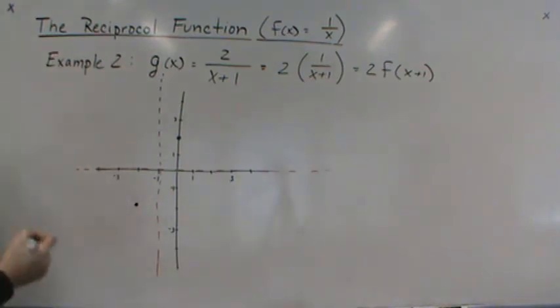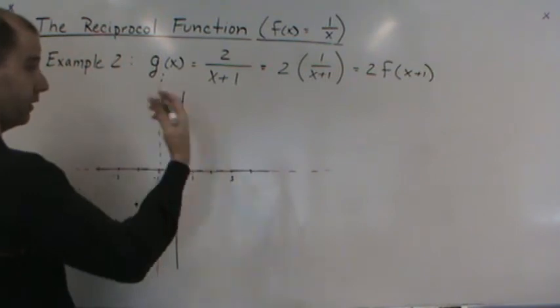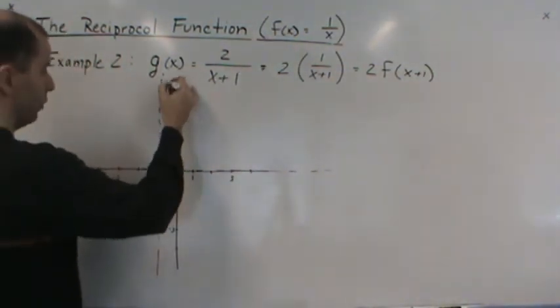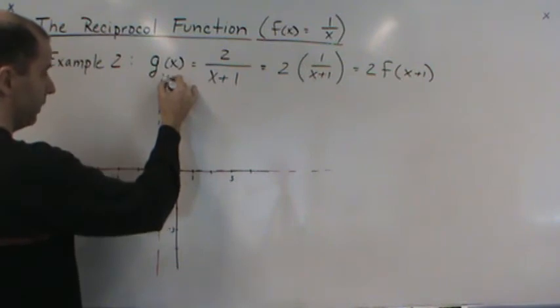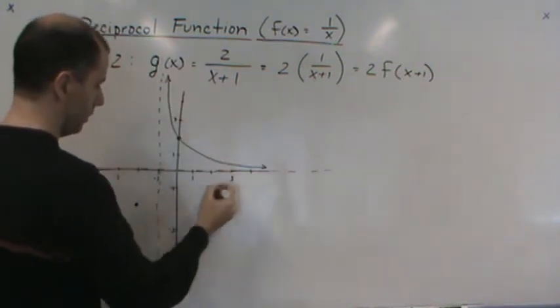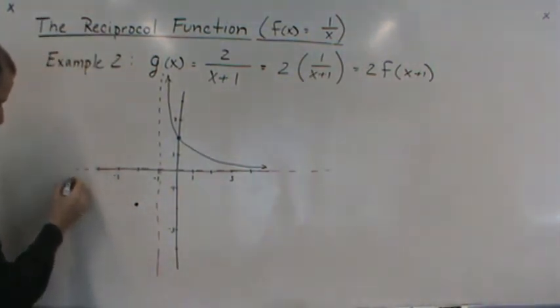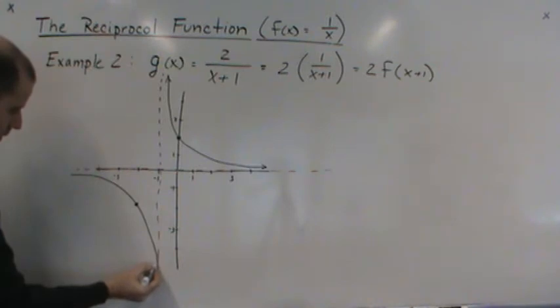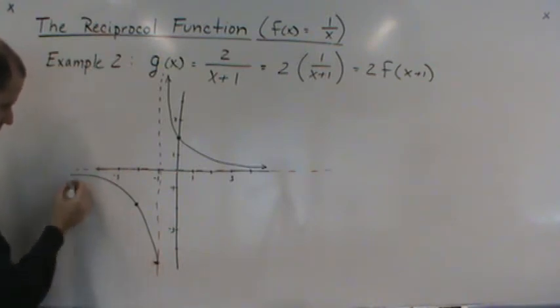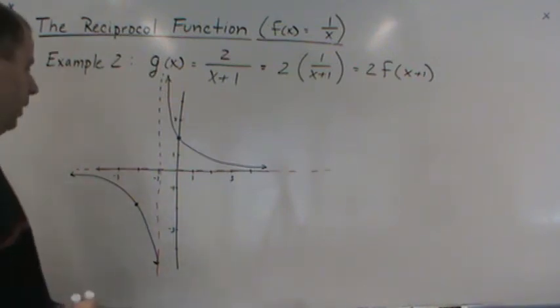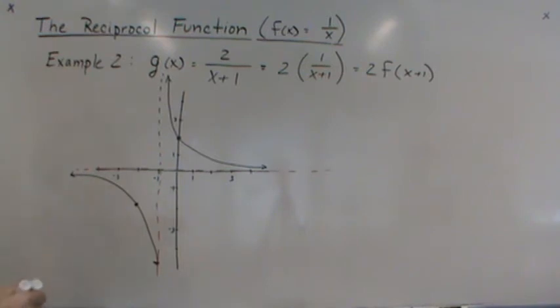And so now, when we put this together, with the way we know how the reciprocal function behaves, we know it's going to be something like this. And we're done. Now we can look at the domain. Okay, so in this case here, how does the domain change?